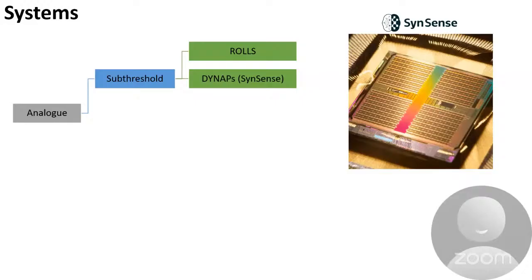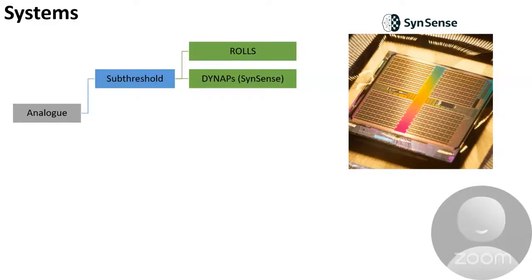If you see, we have some analog neuromorphic chips like ROLLS and DYNAPs, which is now commercialized by SynSense Technologies. The basic ROLLS chip has 256 adaptive exponential integrate-and-fire neurons with 64K synapses.